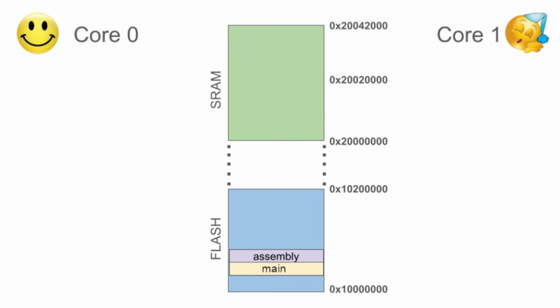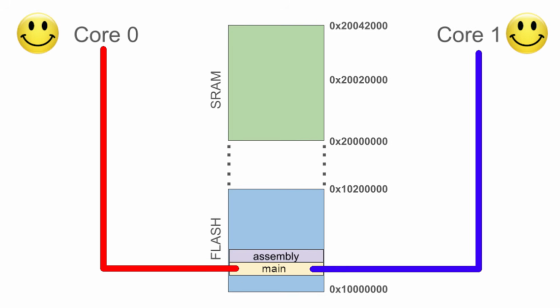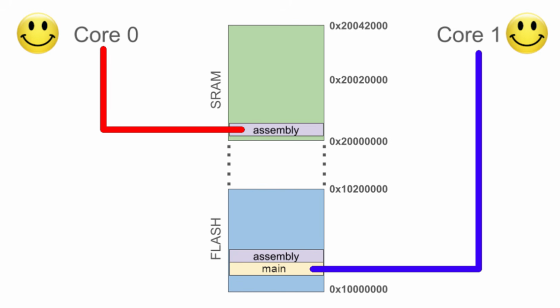Next, I'll use core 0 to start core 1 using a C program in flash. Core 1 will execute an endless loop within the C program while core 0 copies over an assembly program from flash into static RAM. Core 0 then transfers execution into the assembly program in static RAM.